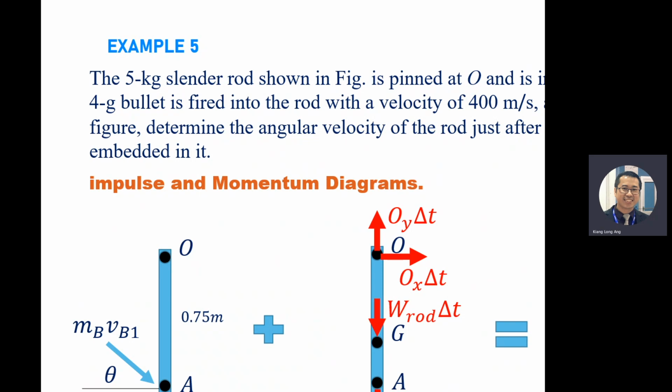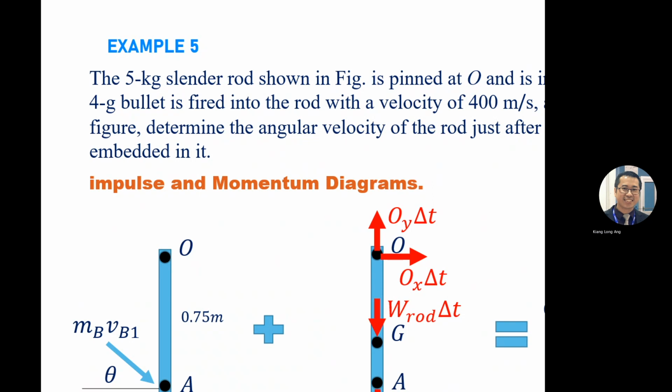Then after you know the principle of impulse and momentum, momentum before plus impulse equals momentum after. So the one at the last here is only momentum. For momentum, you look at what has changed, right? So the center of mass, and the B impact point will move to the right.